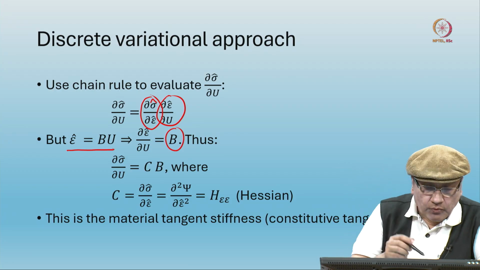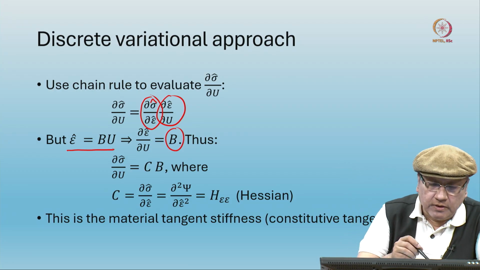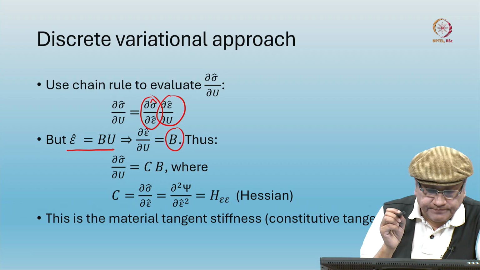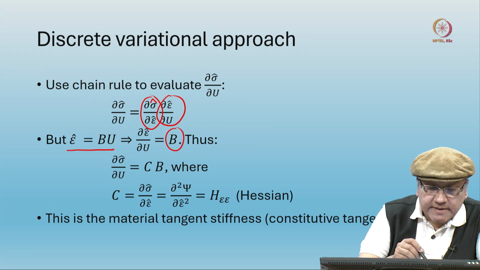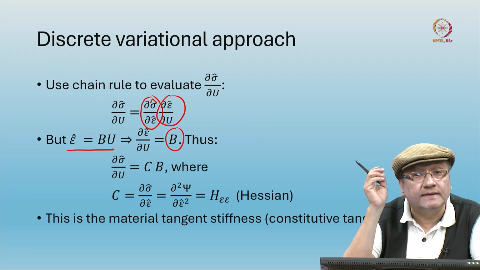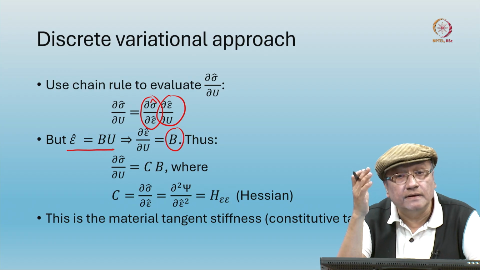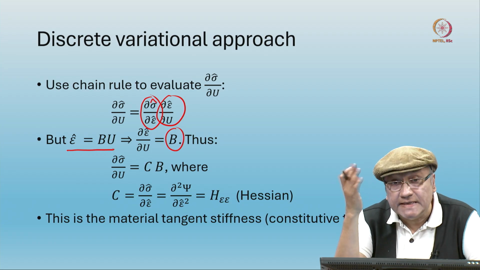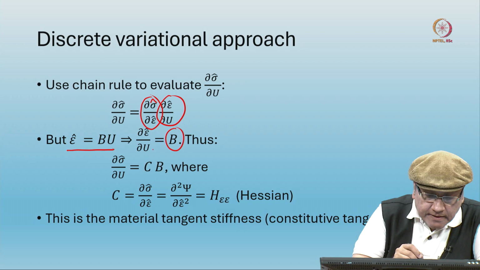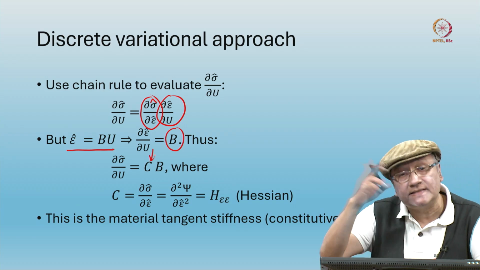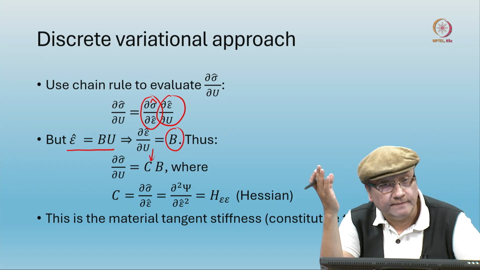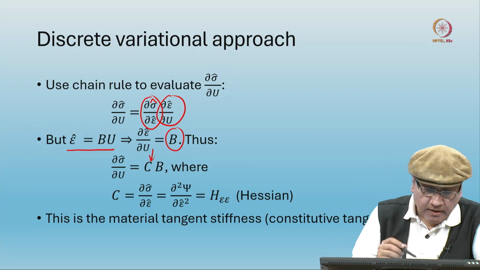Okay. So we now also recall that ∂σ̂/∂ε̂ is given by this matrix C, which was found from the elasticity tensor script C as a matrix.